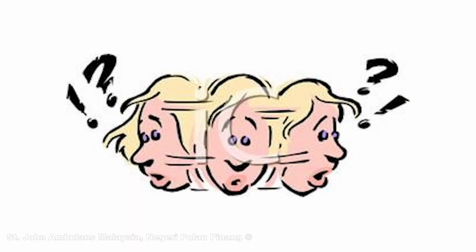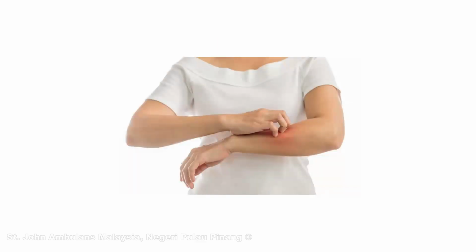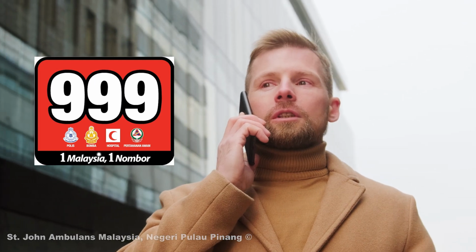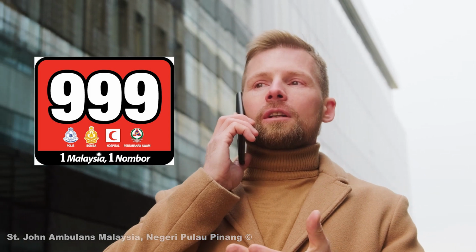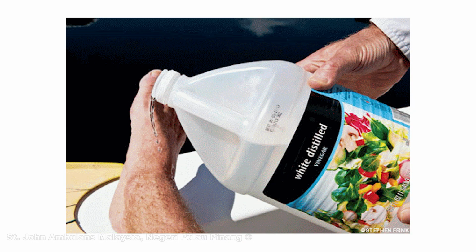Remember, watch for any sign of allergic reactions, such as wheezing breath sounds and itchy skin. If any sign of allergy appears, you need to call 999 for emergency help immediately. For a jellyfish sting, pour vinegar or seawater over the area.